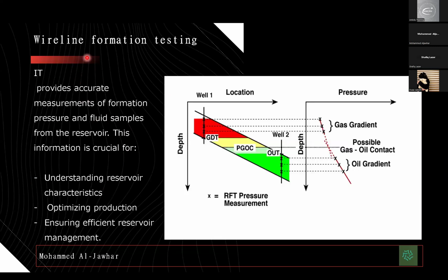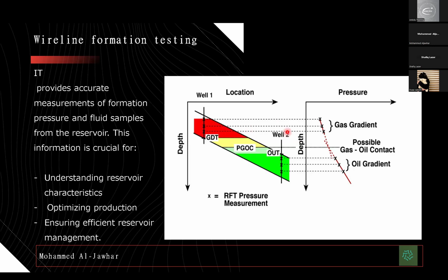So for instance, if we take wireline formation testing as an example, what can we expect from running this tool? It provides accurate measurements of formation pressure and fluid samples. For instance, we are looking for where the oil and gas contact may be. So we can define that, so we can keep away from the water and start producing only from the oil sands, and keep away from the gas as well, so as not to deplete the reservoir too much.